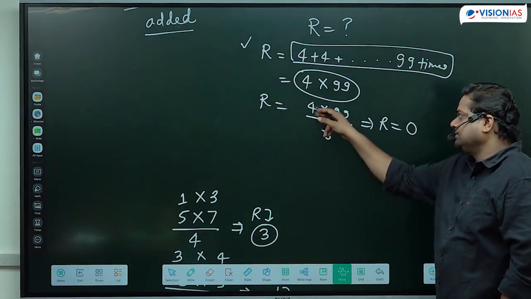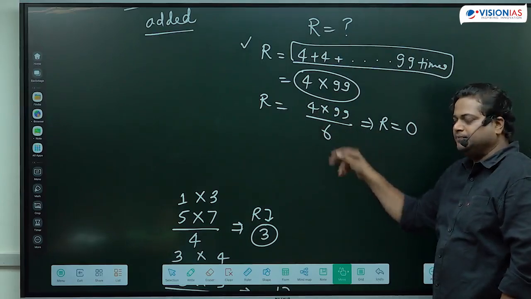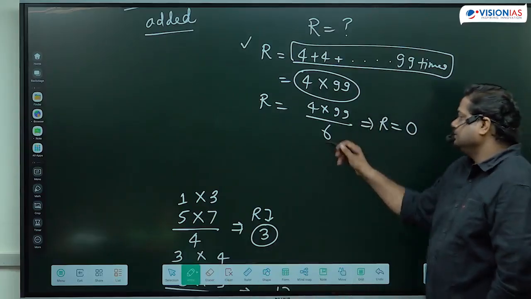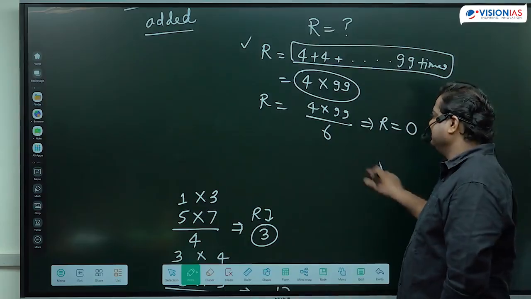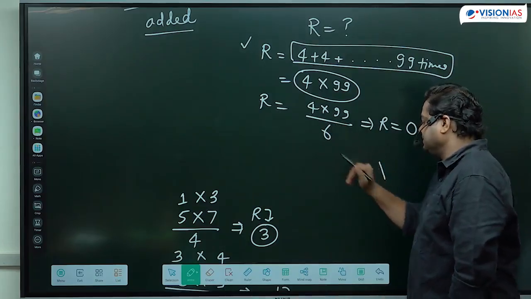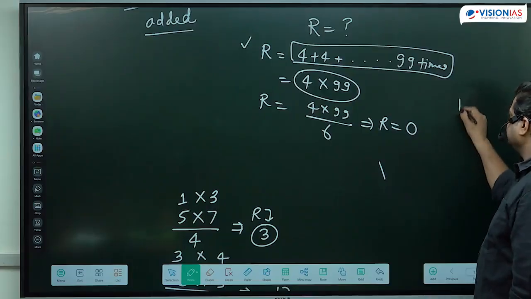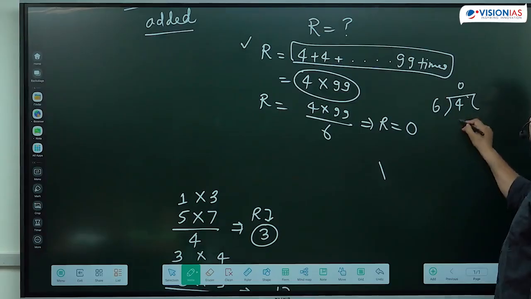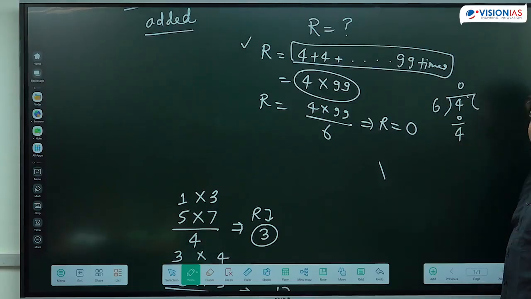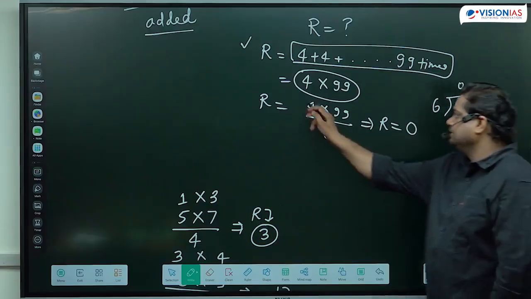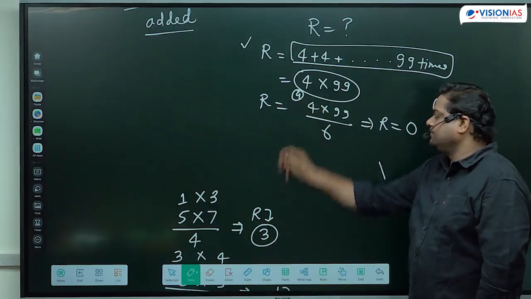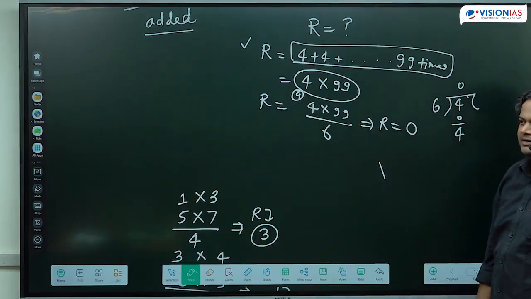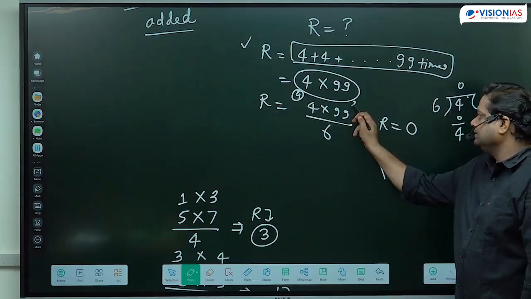यहां भी ऐसे कर सकते हैं. 4 को 6 से डिवाइड करा, what remainder we are getting? नेगेटिव रिमाइंडर नहीं. 4 को if I divide by 6, remainder is 4. यहां पे रिमाइंडर आ रहा है 4. 99 को if I divide by 6, what remainder we are getting? 3.